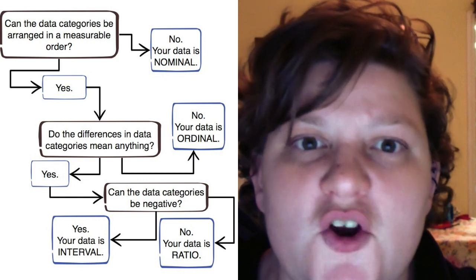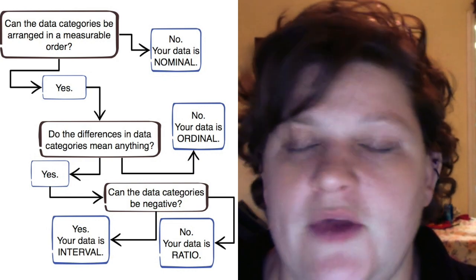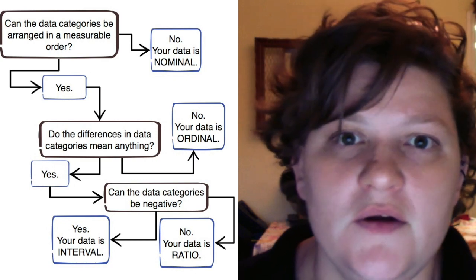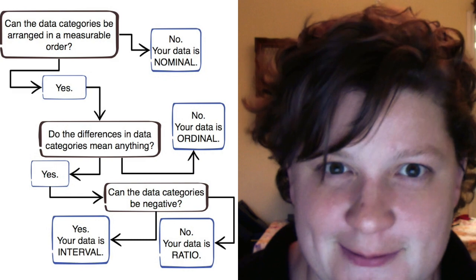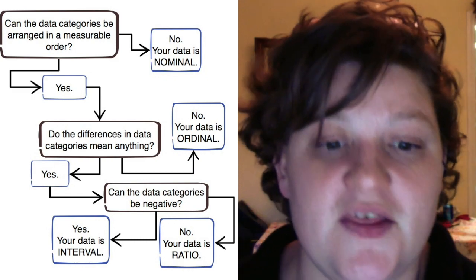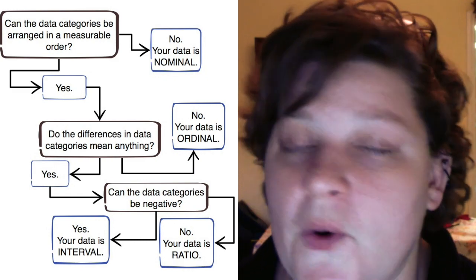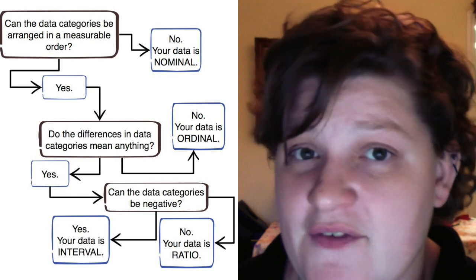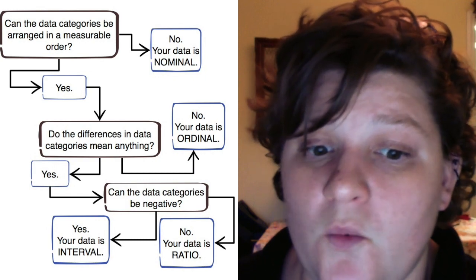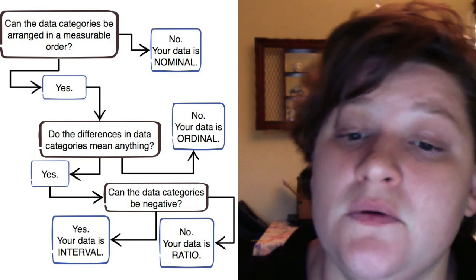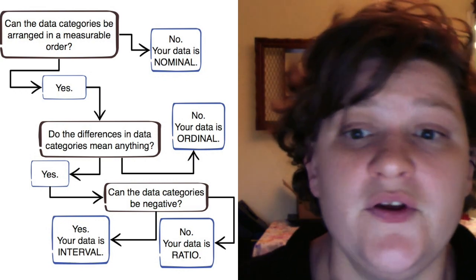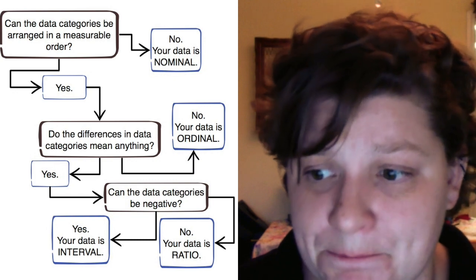Is there a natural starting point? Absolutely there is. It just doesn't work that way. You're going in one direction or the other. So we're going to say that no, you can't have a negative number, so there is a natural starting point, so we have a ratio level of measurement for your height requirements.